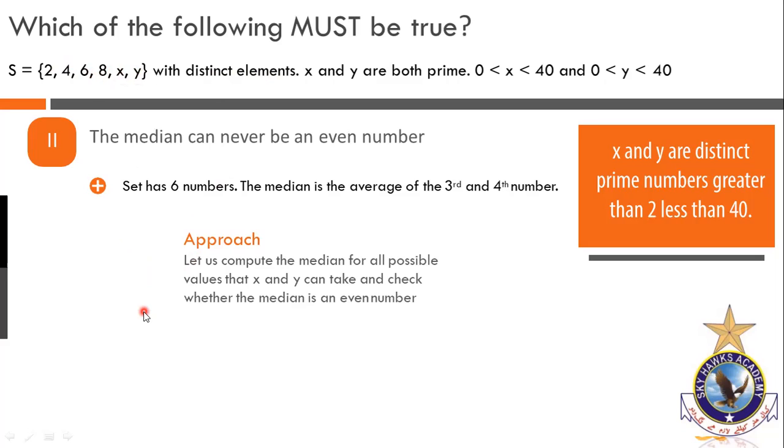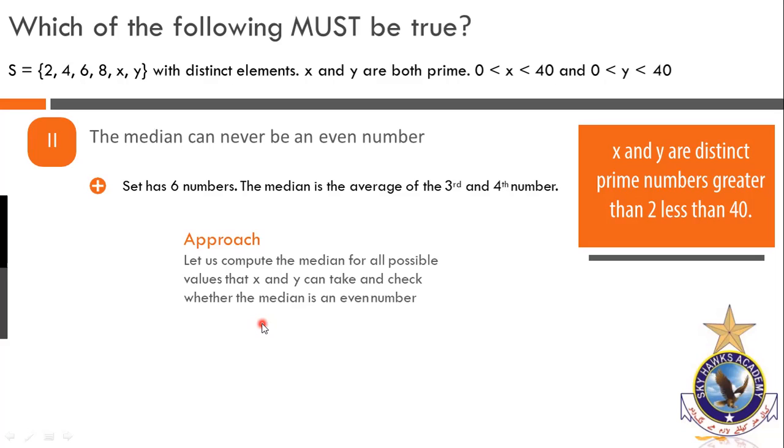So the approach is, let us compute the median for all possible values of x and y and check whether the median is an even number. This is the hit and trial method. All those possible values can be assigned to x and y. Those values lie between 2 and 40, and they must be prime numbers.